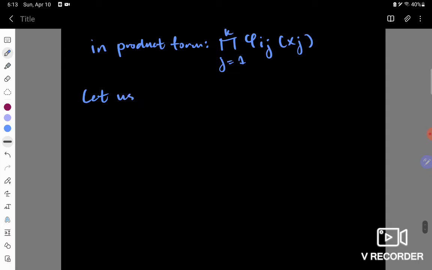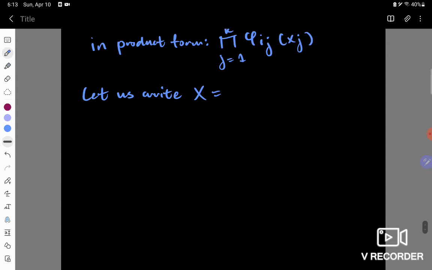Let us write this big X now equal to this kind of row vector of component parts, x_1 through x_k, corresponding to some little x, which can be expressed as we saw above.